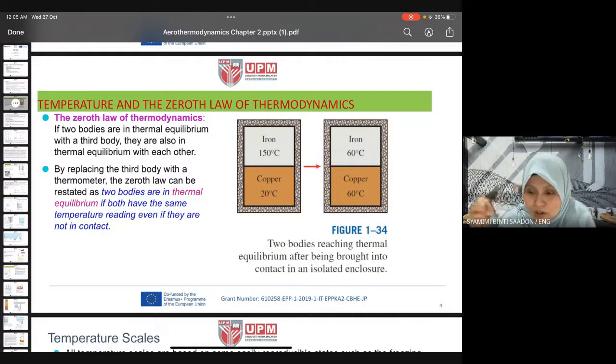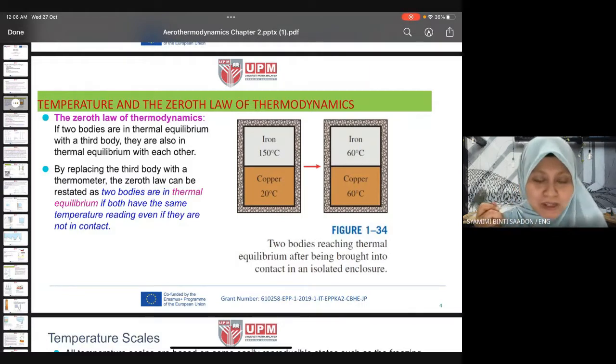Remember the definition of equilibrium that I mentioned last week. These two bodies are in thermal equilibrium with a third body. If this iron and copper are in thermal equilibrium with a third body, it means that they are also in equilibrium with each other.